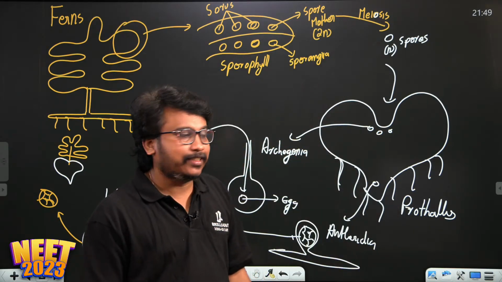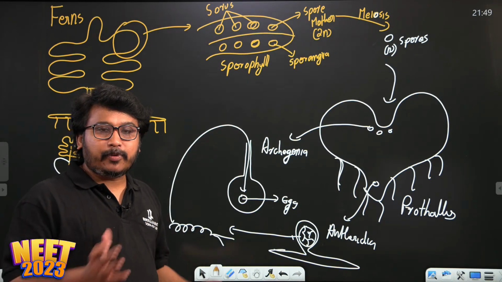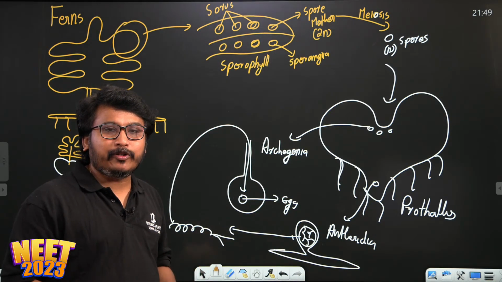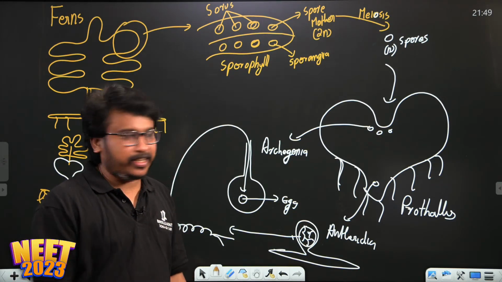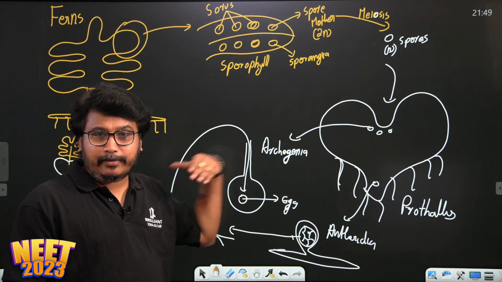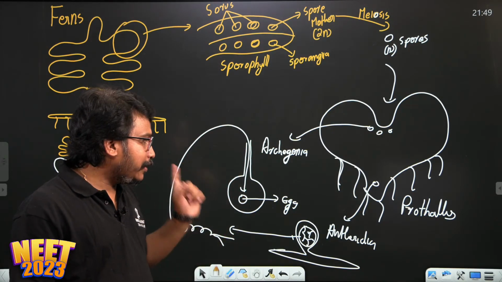Is it correct? The first cell of sporophyte is produced in a female gametophyte located in the prothallus. That is also correct statement. So this is how the statements are coming. If the diagram is in the mind, we can easily do it. So learn the diagram first.